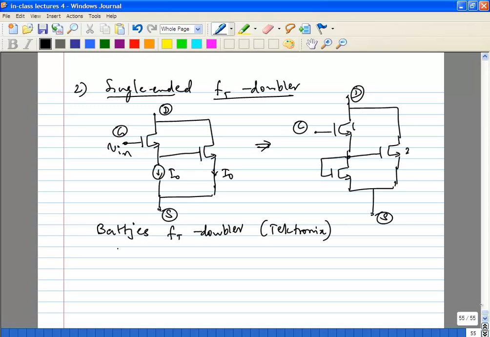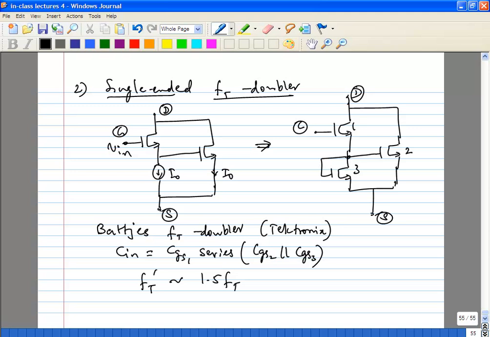So what do you have? Let's call this 1, 2 and 3. What is Cn? It's approximately CGS1. Now you actually have an extra capacitance, extra CGS from your diode connected transistor, which means your actual FT will get only approximately 1.5 times instead of twice, but it's still pretty good.